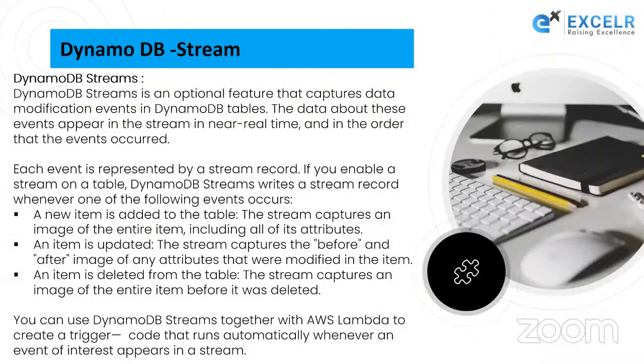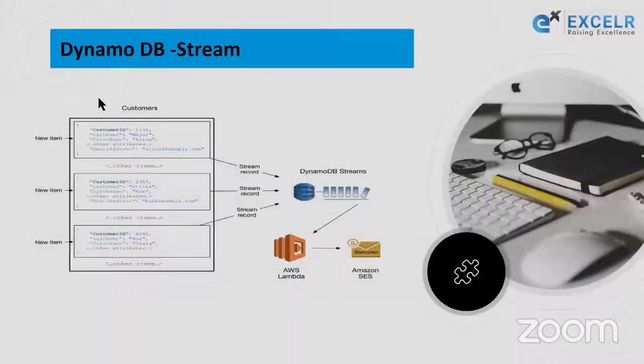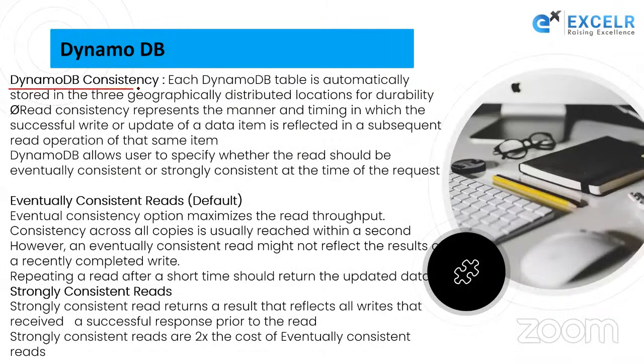Now, before we go here in the stream, I want to show you something called the consistency model. What is the consistency model? Whenever you use your DynamoDB table, the data is stored in 3 AZs by default.